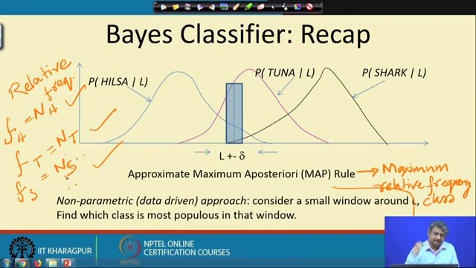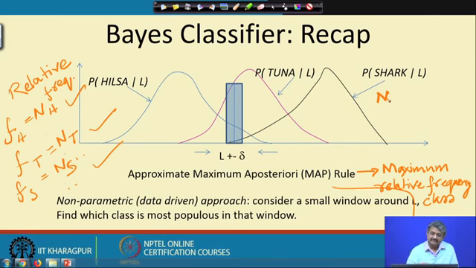So, what I am basically doing is that for a piece of length L, I am taking an interval around it, and I call it a neighborhood around it, and count how many specimens in the training set have a length in that interval. Suppose that number is n.